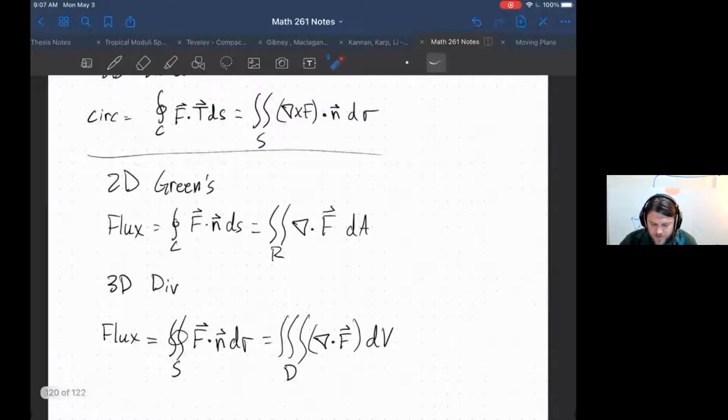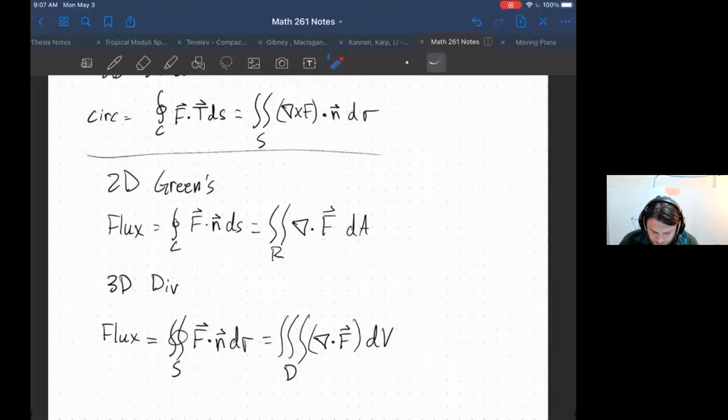Same sort of thing with the divergence theorem. Two-dimensional Green's theorem says in the xy plane, this flux for a loop can be related to a double integral over that region.